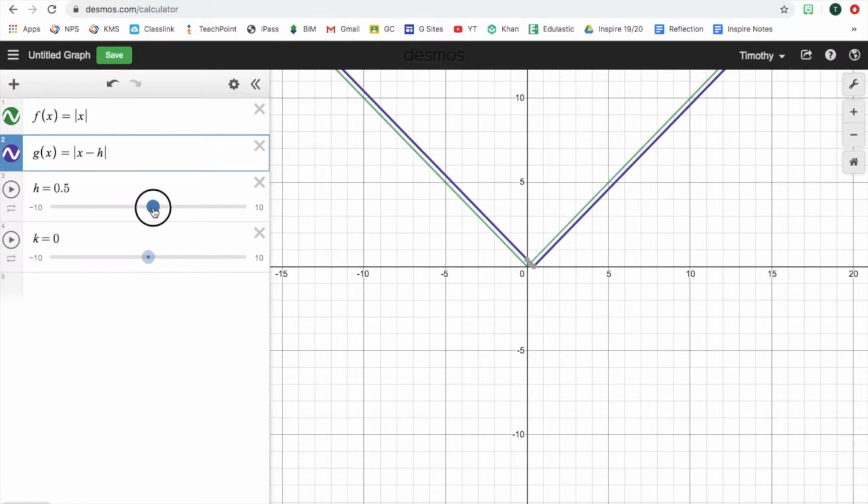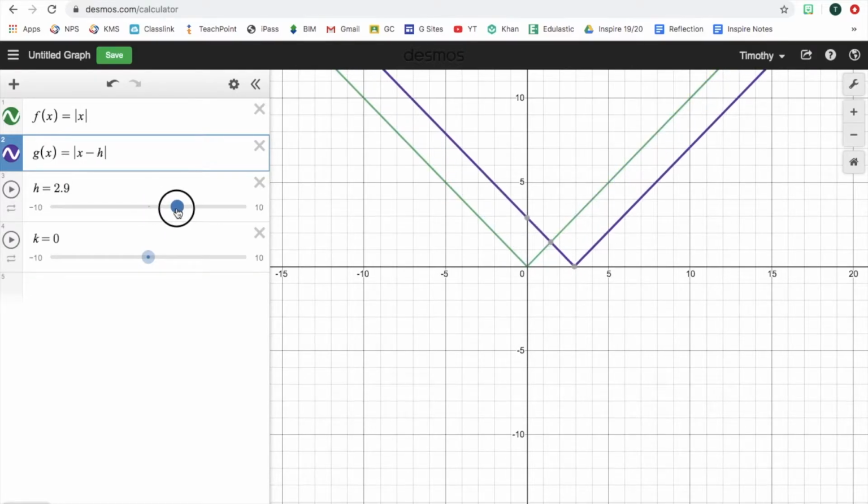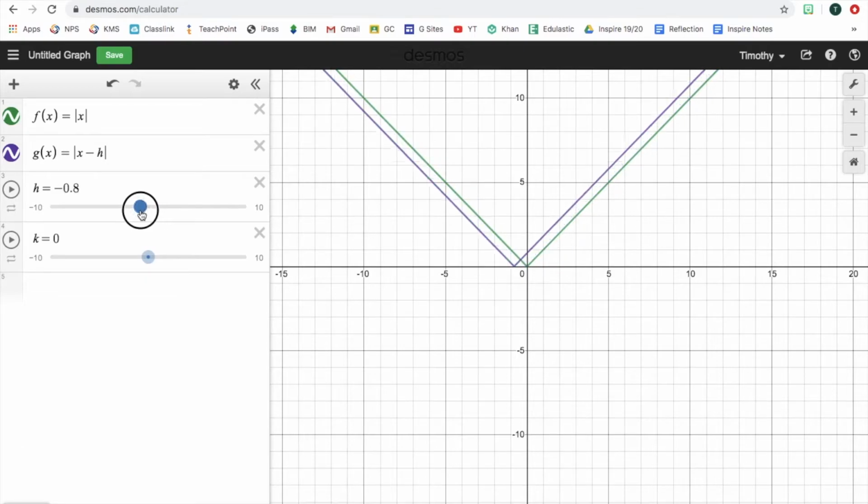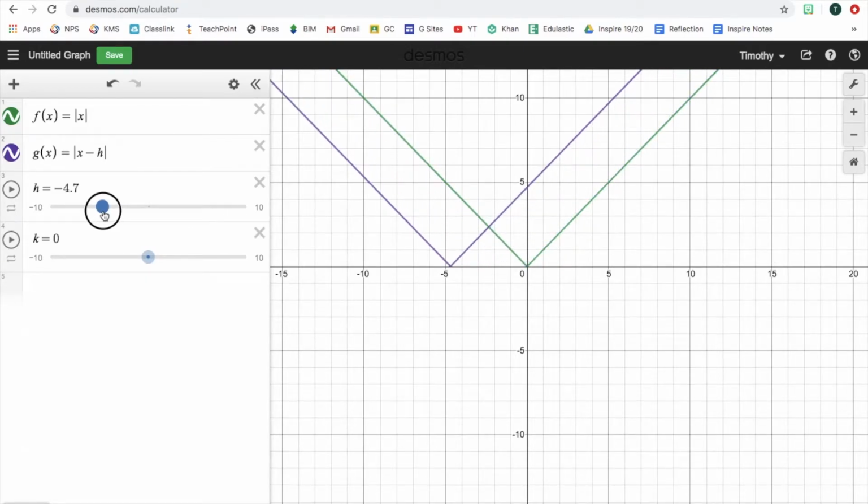So now if I make h 3, that means that I have translated this 3 to the right. If I make h negative or decrease h, that means I'm sliding to the left. And right here is our final spot. So this is a horizontal translation, 5 units to the left.